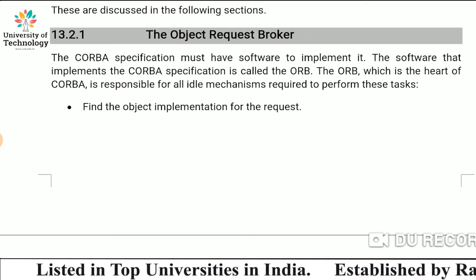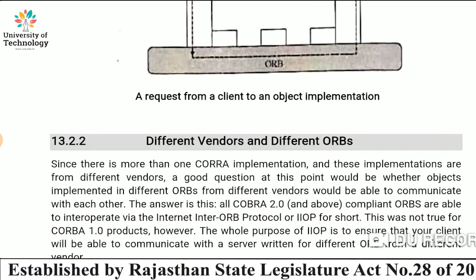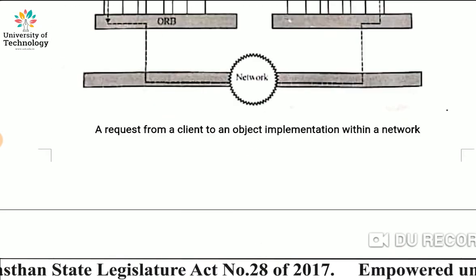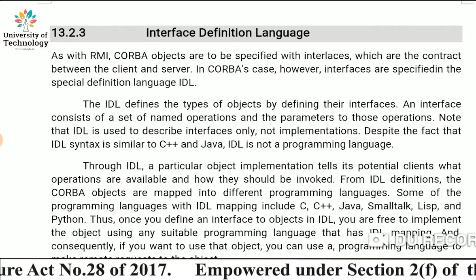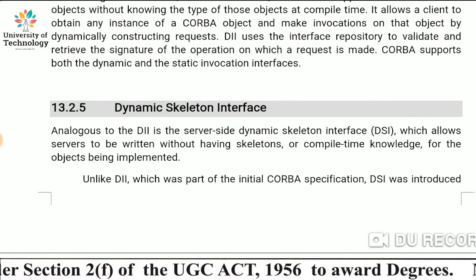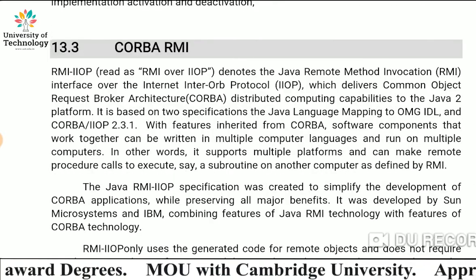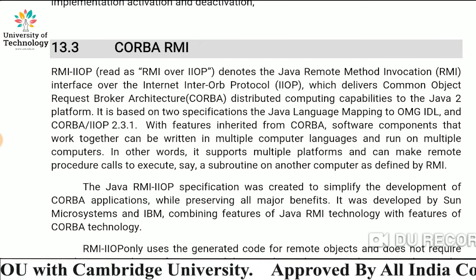We discussed the object request broker, different vendors and different ORBs, interface definition language, dynamic invocation interface, dynamic skeleton interface, interface repository, object adapters, and a small part of Corba RMI.